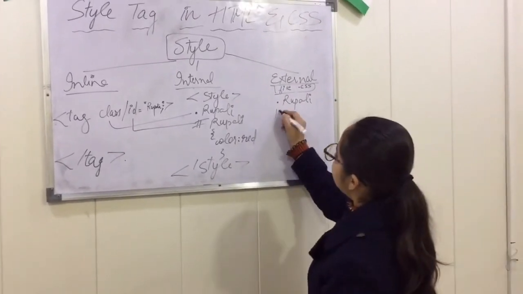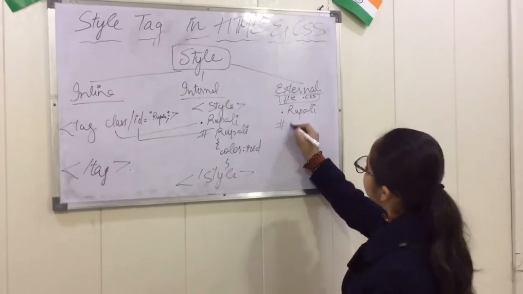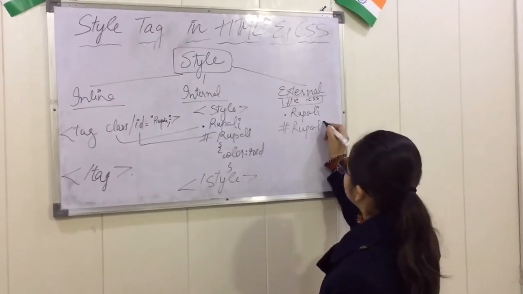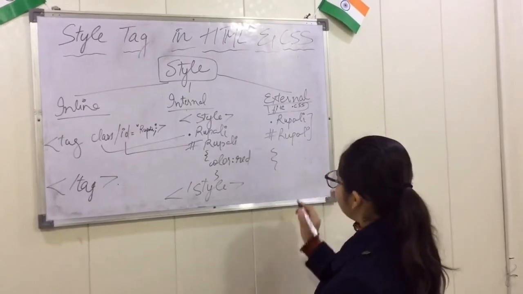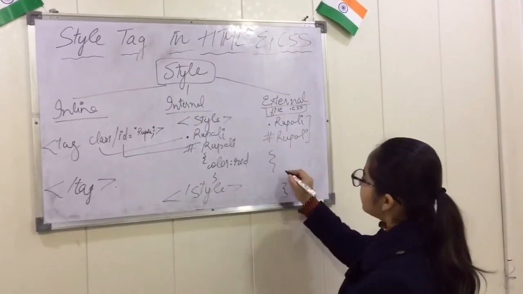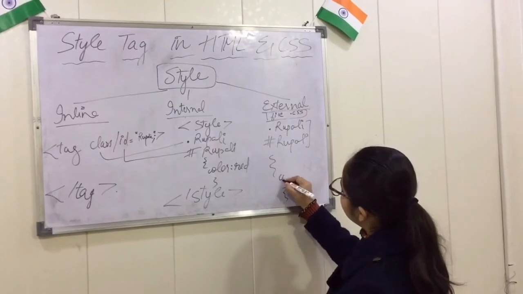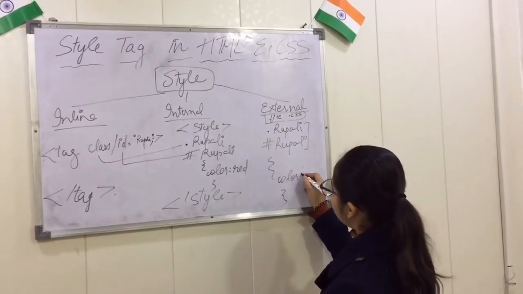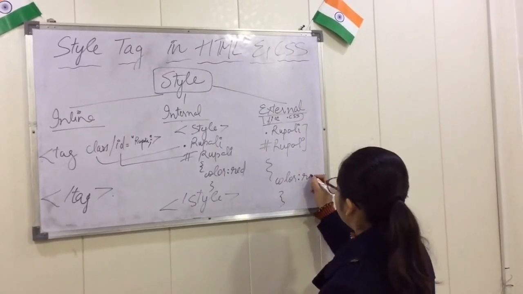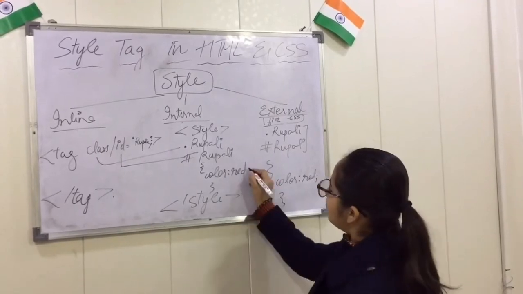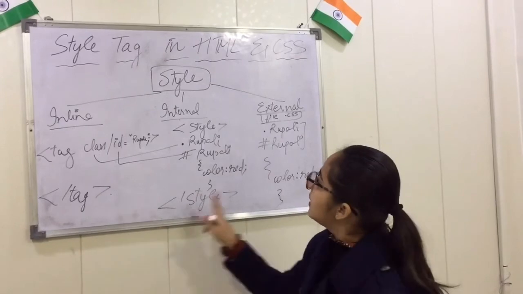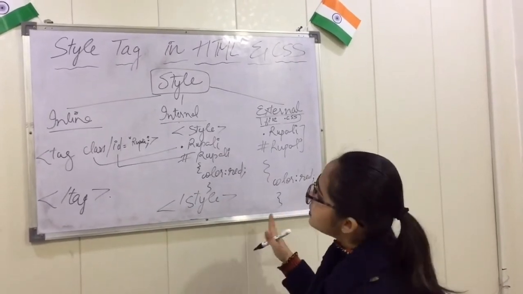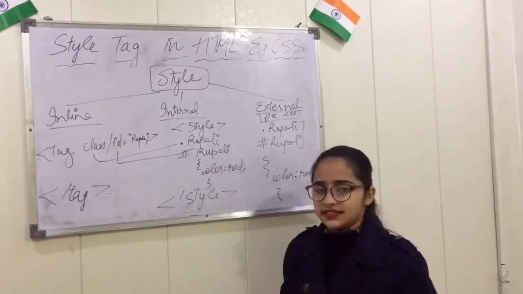If we are taking id, then we will take hash Rupali. These are the two ways. After this, curly braces start and close. In this we will write the value, color colon red, and then semicolon. So these are the syntax of inline, internal and external style tag in HTML and CSS.